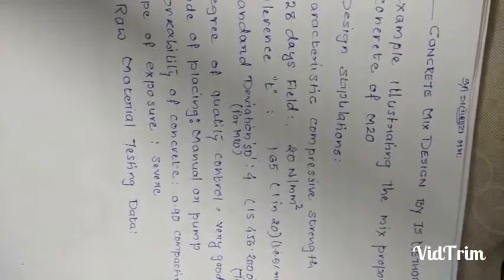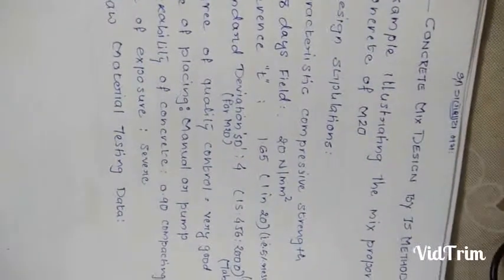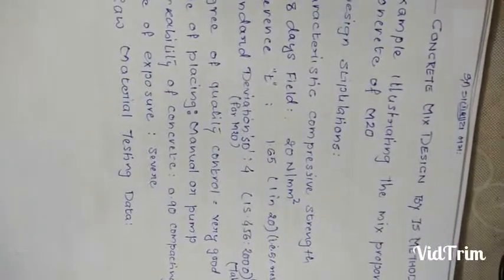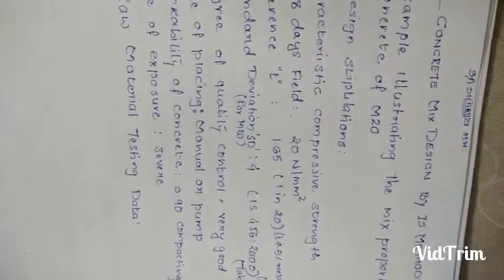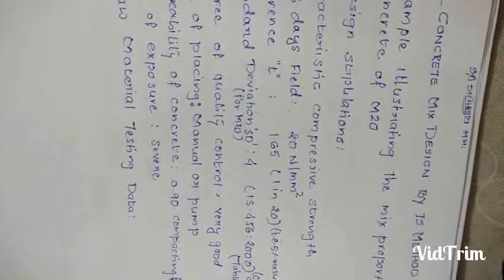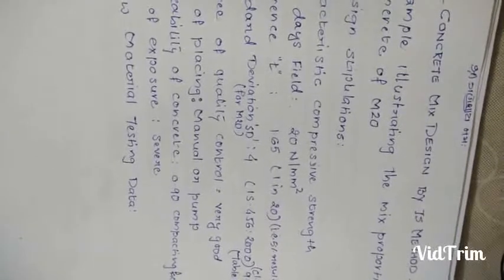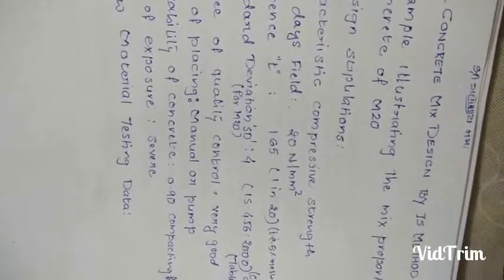If we have cast 20 cubes, and in those 20 cubes only one cube shows compressive strength less than 20 Newton per millimeter square, that means 5% of results are going down.